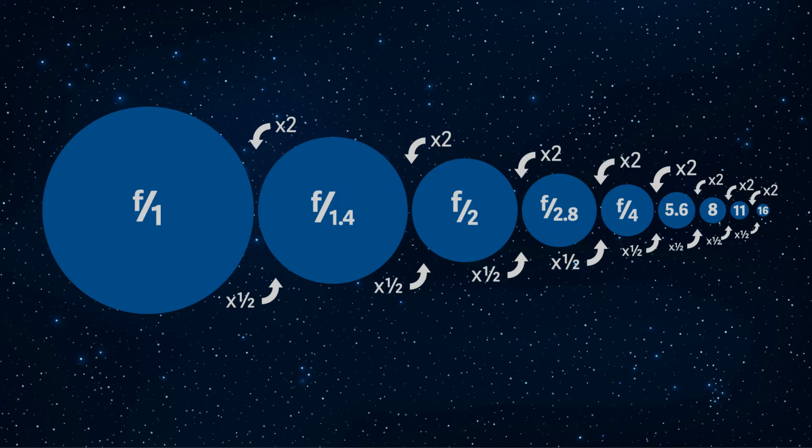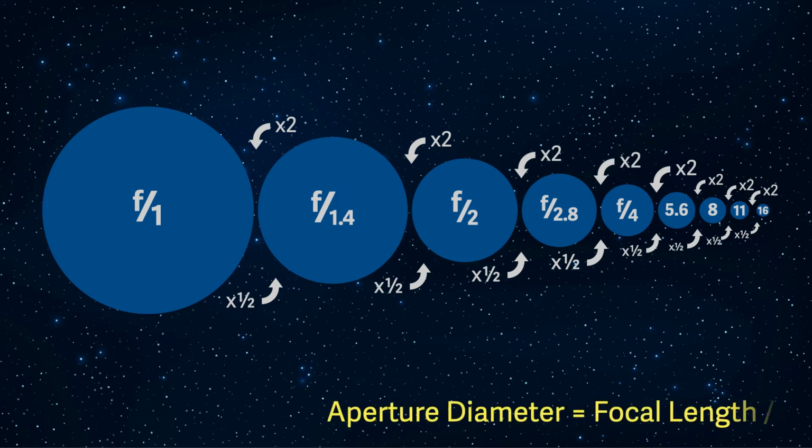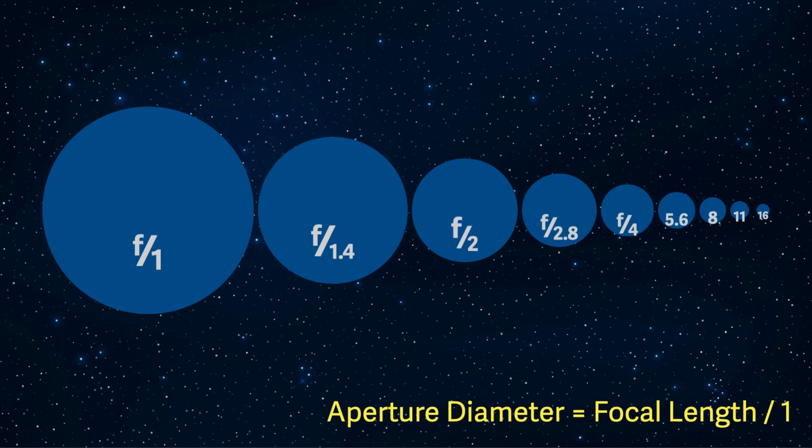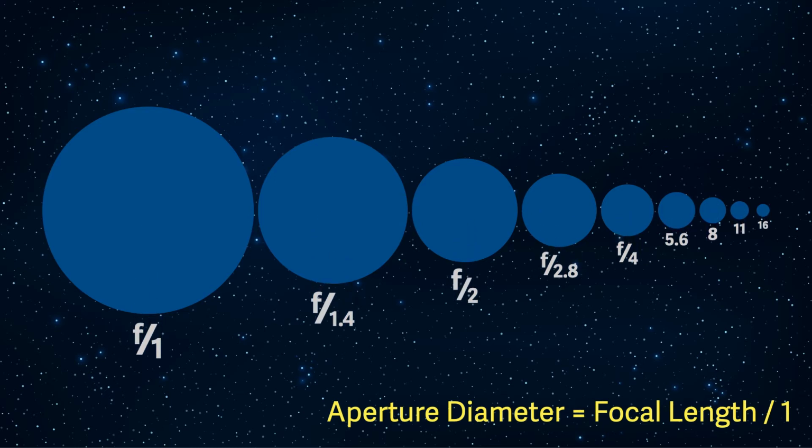This expression f1 or f1.4 is a shorthand expression for saying that the diameter of the aperture is equal to the focal length f divided by 1, or focal length divided by 1.4, divided by 2, divided by 2.8, and so on.